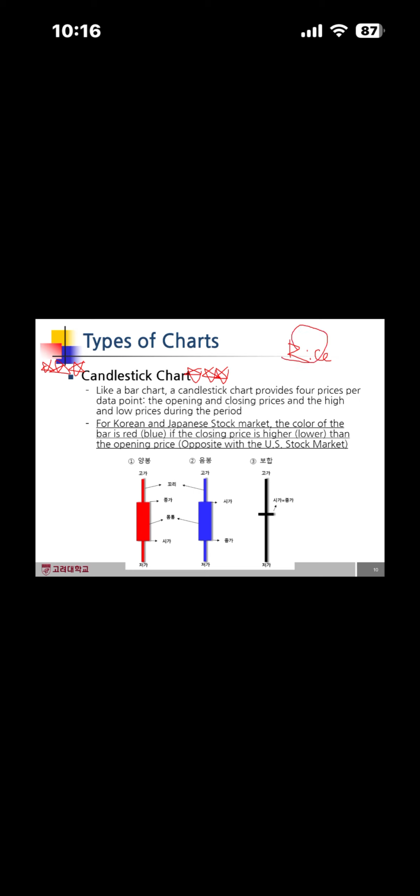Today, candlestick charts are widely used by traders around the world because they provide very intuitive visual information about market behavior.